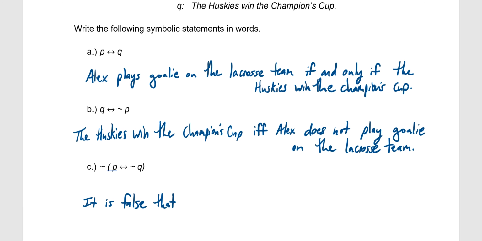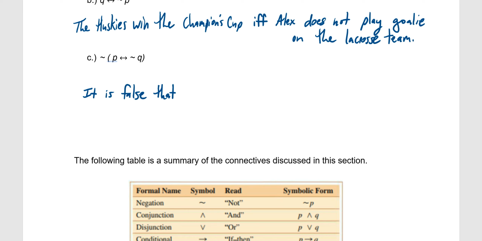So statement P was Alex plays goalie. So it is false that Alex plays goalie on a lacrosse team if and only if. So once again, I'm going to use IFF for an abbreviation.